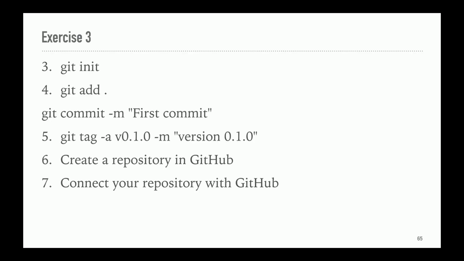So we would have this command. We are providing an initial version. So -a is for adding, -m is for the message, and the message that we have for that particular tag.